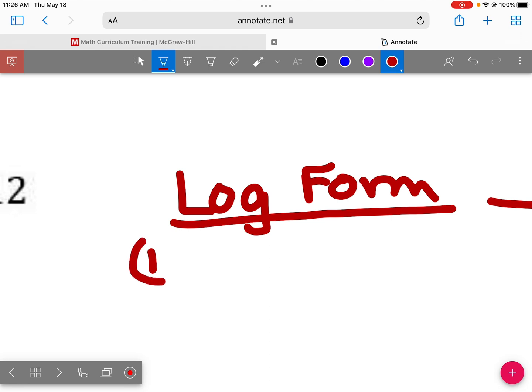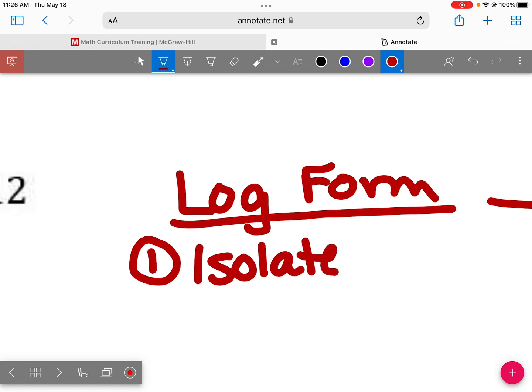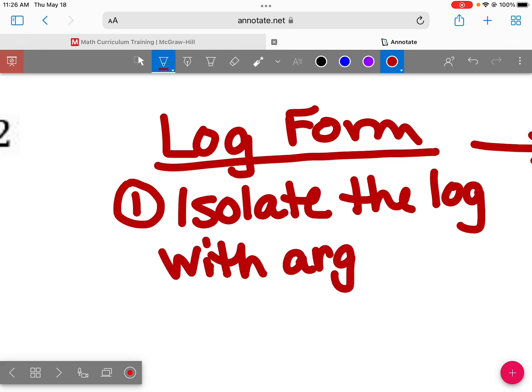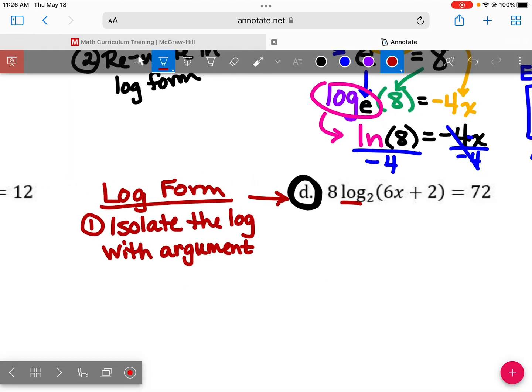All right, so the first thing we have to do, again, we're going to be isolating. We have to isolate the log with the argument. So what is the argument?